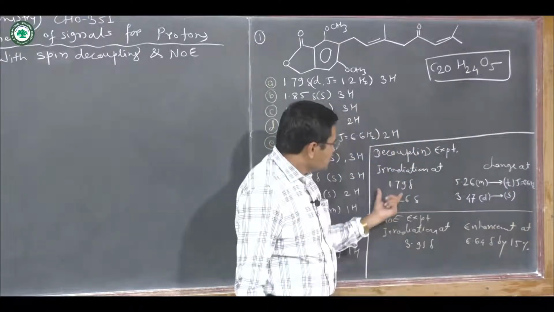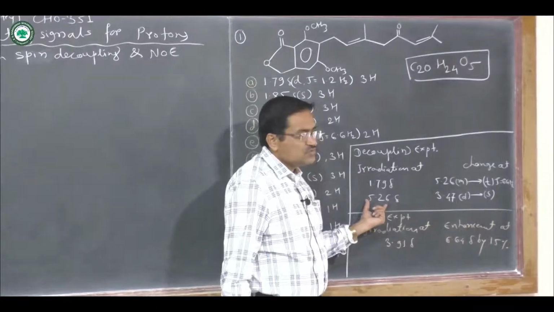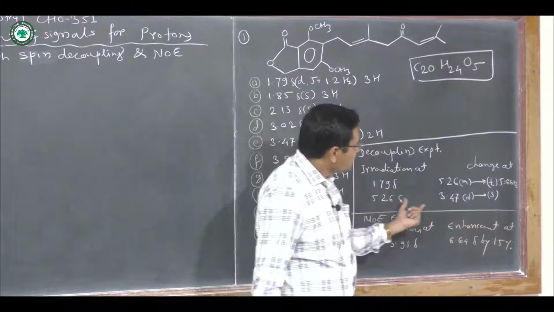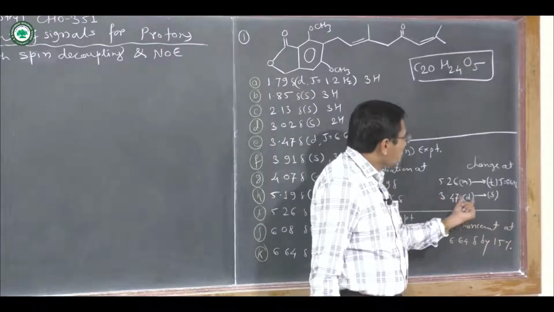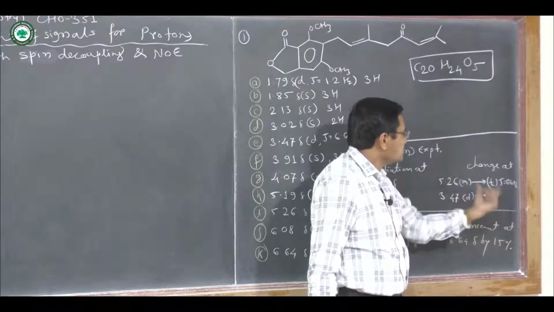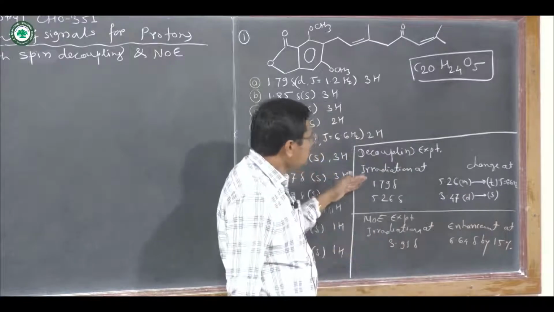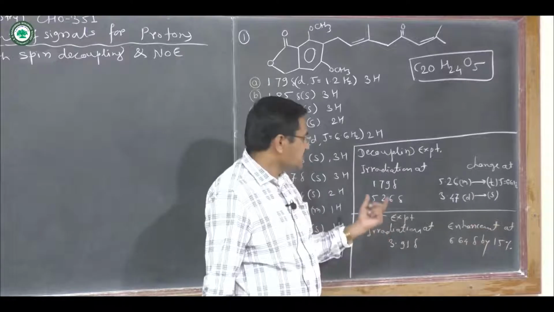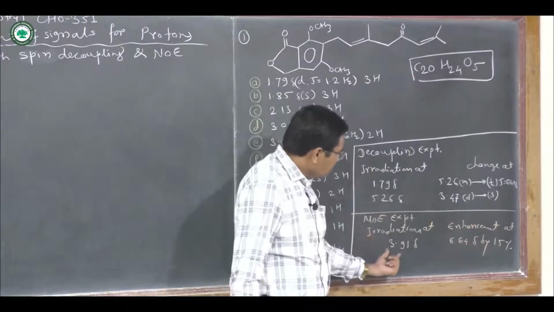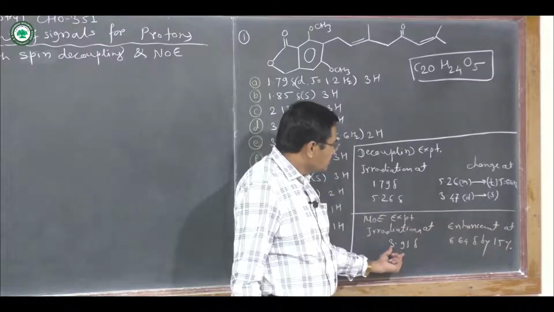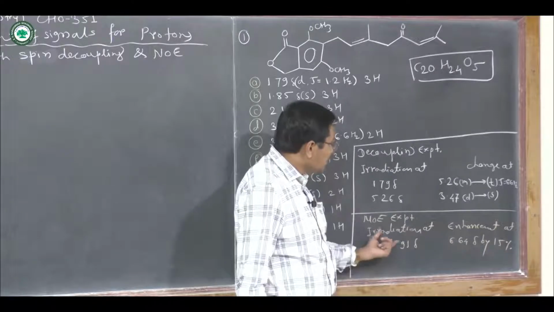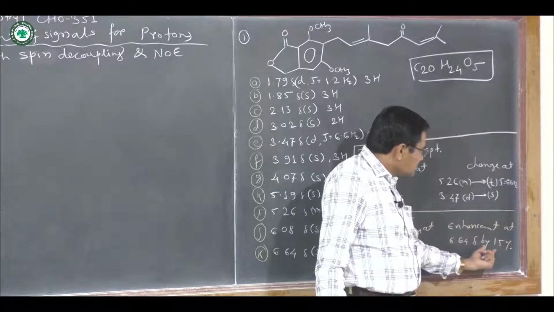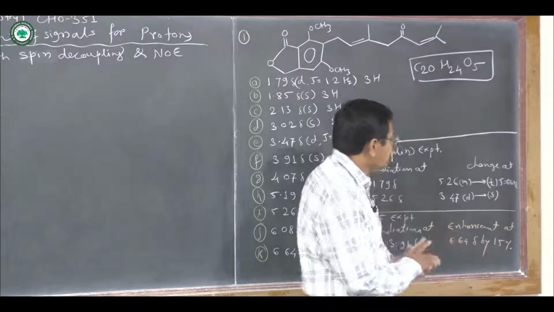Similarly, when 5.26 is spin decoupled, the 3.47 signal, originally a doublet, falls to a singlet. In the NOE experiment, when the 3.91 delta value proton is double irradiated, the 6.64 signal is enhanced by 50%.